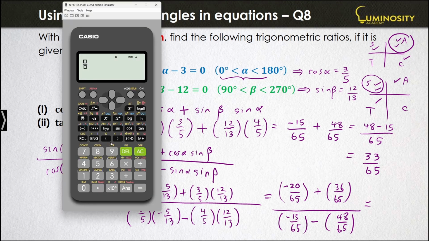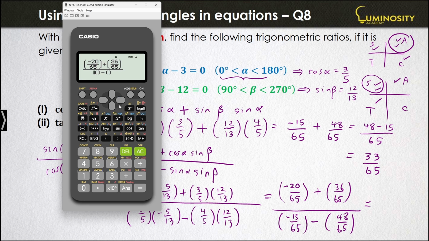So let's go ahead. In the numerator, I'm just going to set up this fraction on my calculator. So for this one here, it's -20/65, and it was plus on the top, and then it was 36/65.